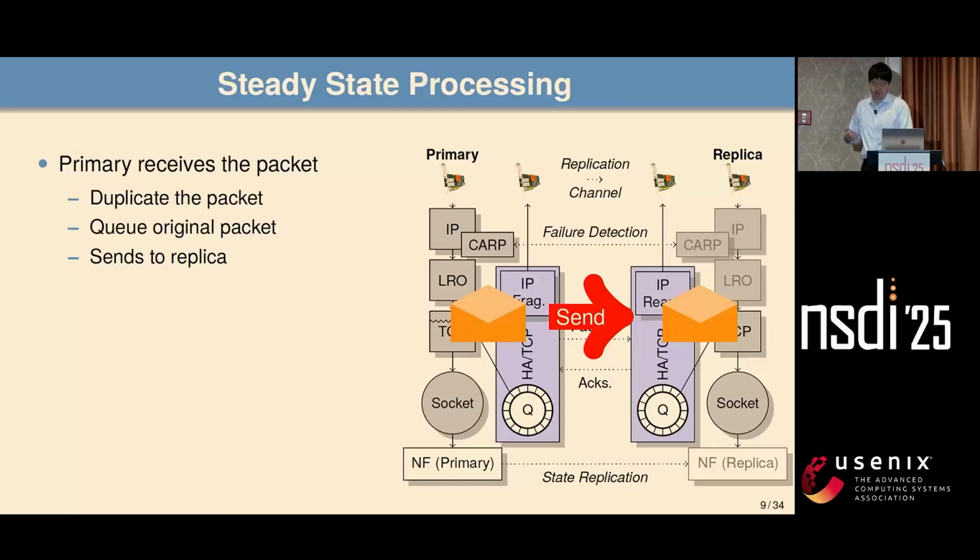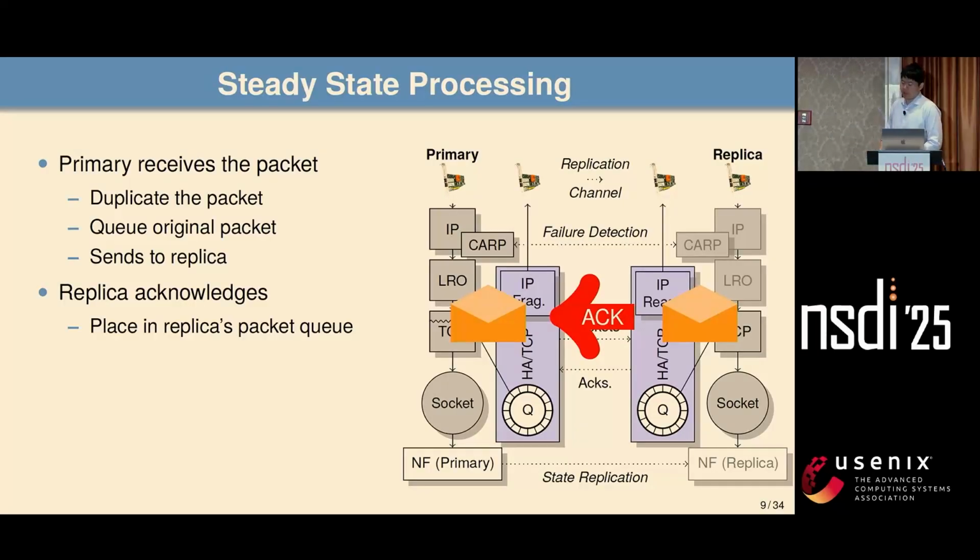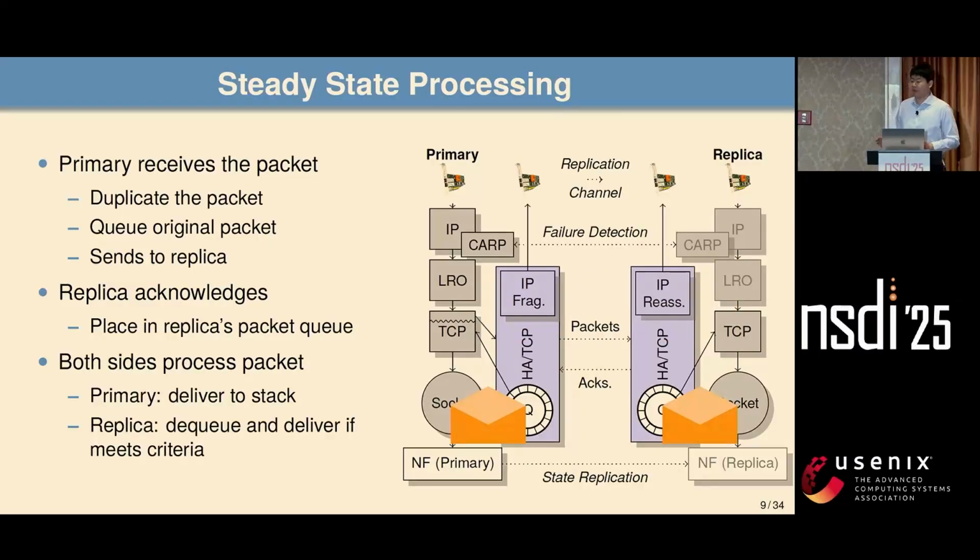Once the replica receives this copy, it will also put this duplicate packet into its own packet queue and then send an acknowledgement back to the primary to confirm the reception. And then both the primary and the replica can start processing the packet. For the primary, it can just take the packet from the packet queue and then deliver it into the TCP stack. But the replica can only deliver the packet when it meets the criteria.